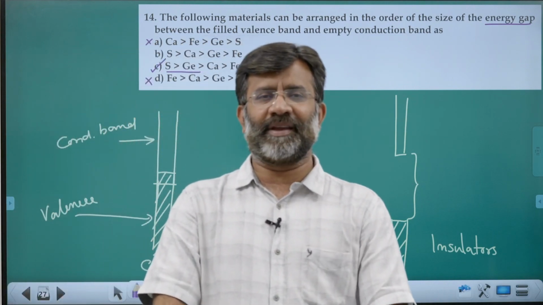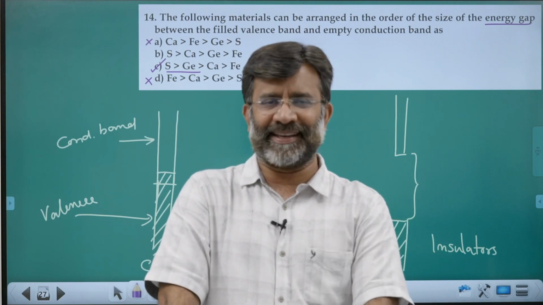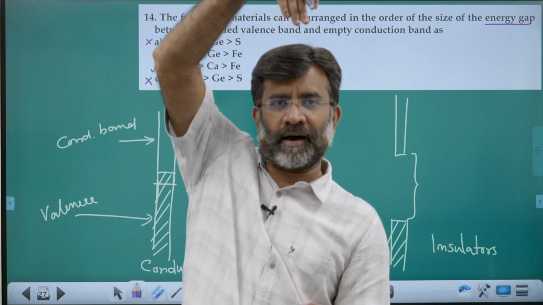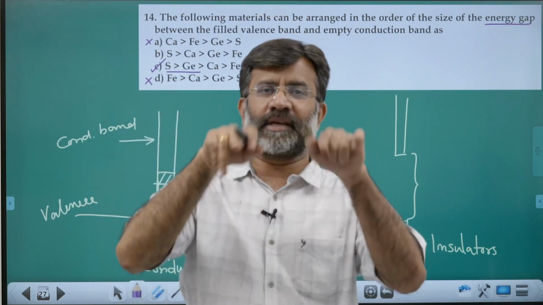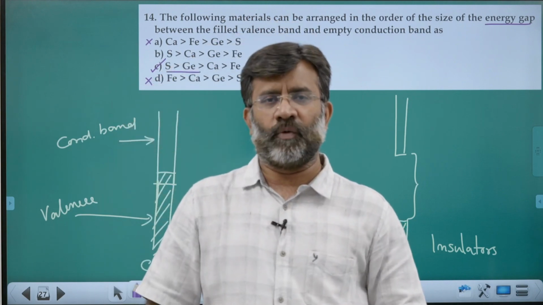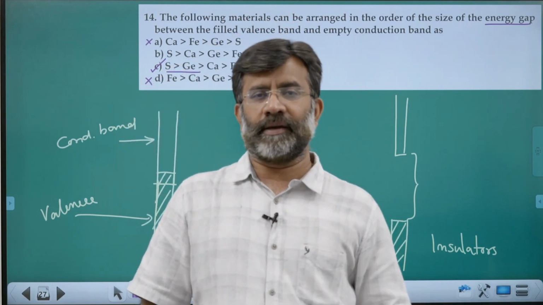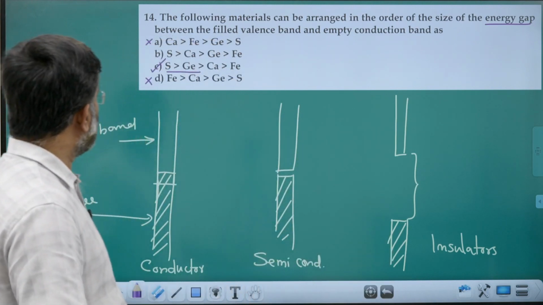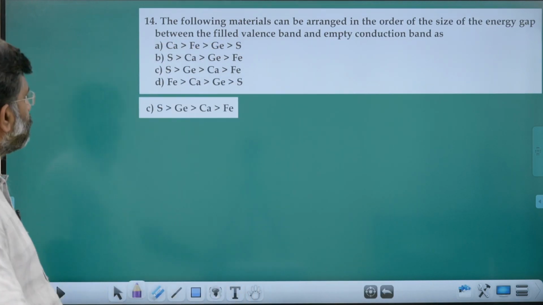All of you know germanium is a semi-conducting material. So sulfur is a non-metal, so the energy gap is large. And then it will be germanium, which is a semiconductor, a small energy gap, while calcium, iron, etc. will be very close or overlapping. Okay, so the answer is option C.